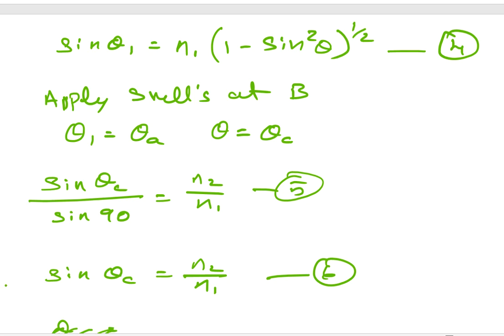We can rewrite sin, instead of theta 1, put theta a, equal to n1 into 1 minus sin square theta, instead of theta we put theta c, to the power 1 by 2.